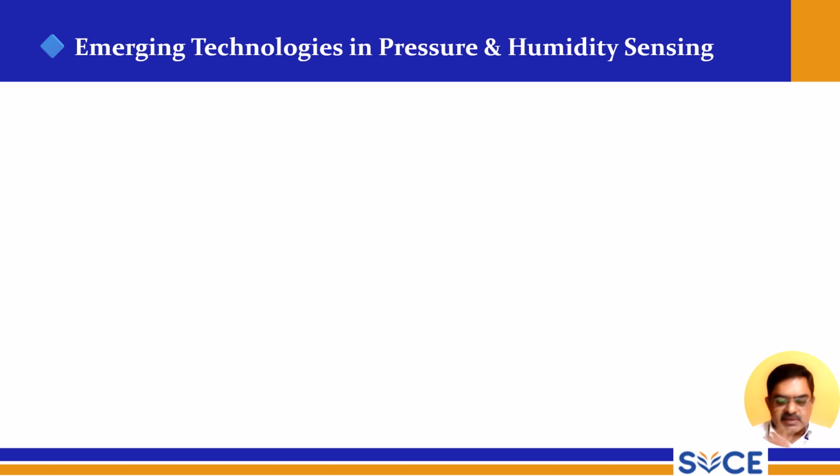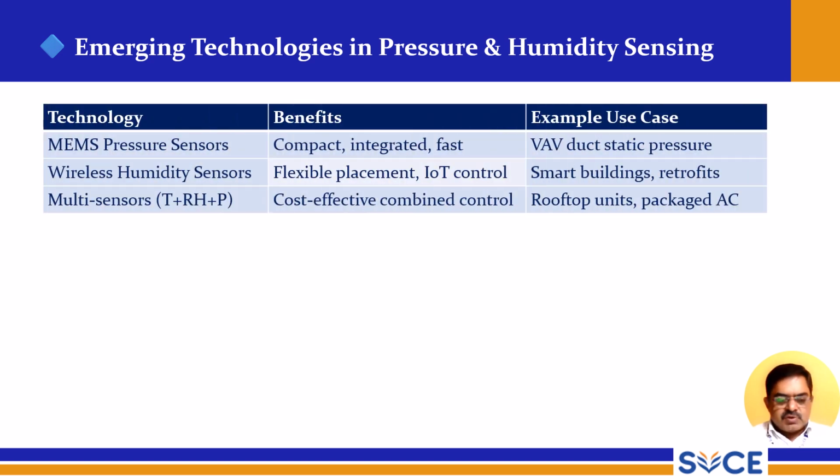So, emerging technologies in pressure and humidity sensing. MEMS pressure sensors: benefits are compact, integrated, fast; an example use case is VAV duct static pressure. Wireless humidity sensors: flexible placement, IoT control, smart buildings and retrofits. Multi sensors, T plus RH plus P: cost effective combined control for rooftop units, packaged AC.